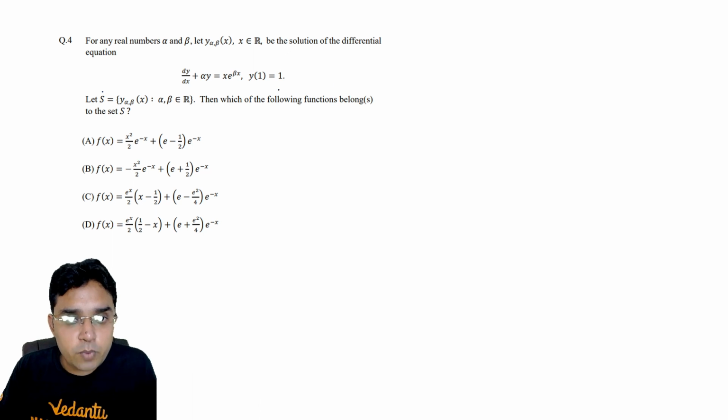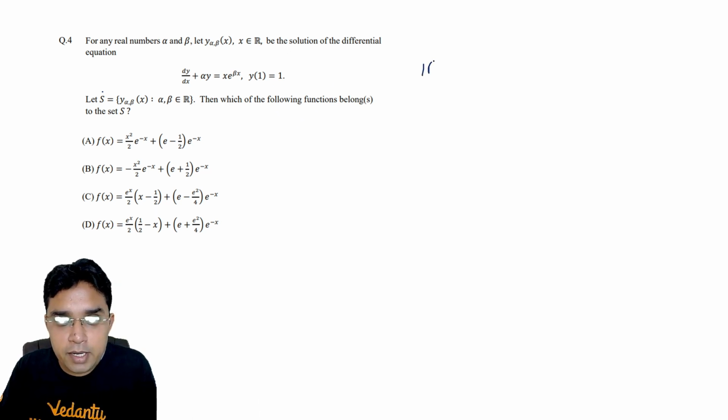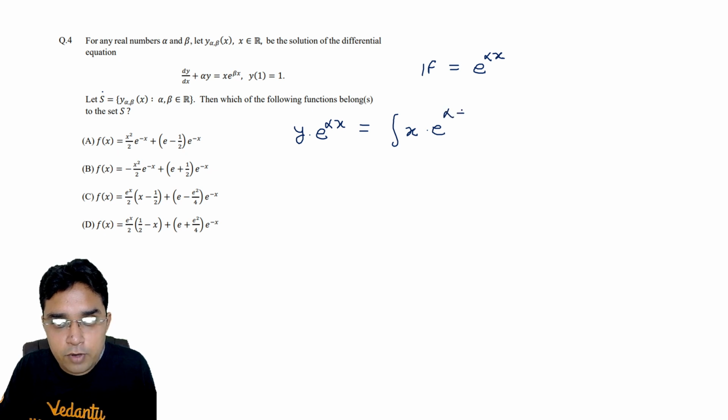Now, this question is a direct linear differential equation where we can write the integrating factor to be equal to e power alpha x. So the solution will be y into integrating factor is equal to x into e power (alpha plus beta) x. One direct method to solve such questions.